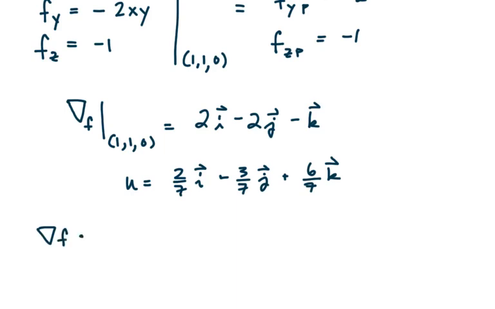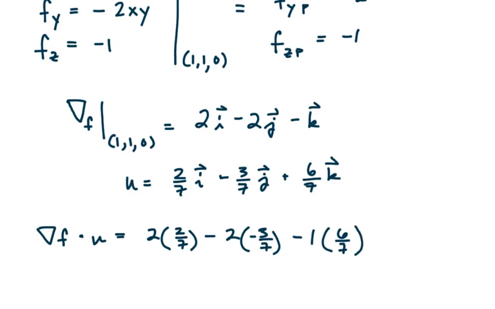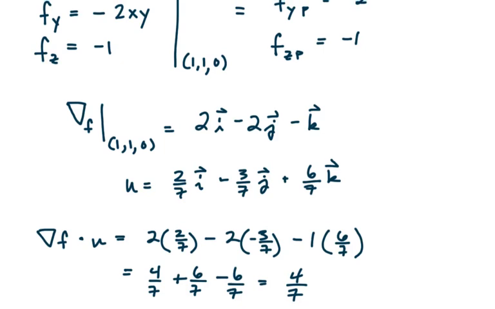So the gradient of f dotted with u is 2 times 2/7 minus 2 times negative 3/7 minus 1 times 6/7, and that gives me 4/7 plus 6/7, that's 10/7 minus 6/7 goes back to being 4/7. So 4/7 represents the value of the derivative in the direction of that provided vector v.